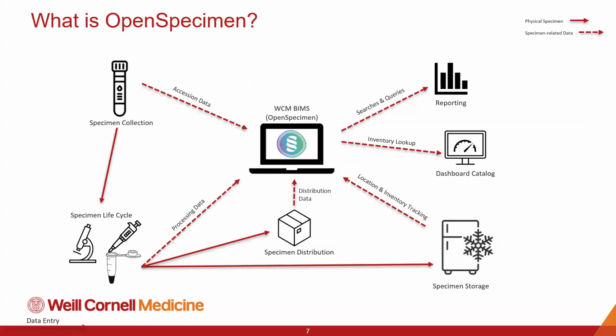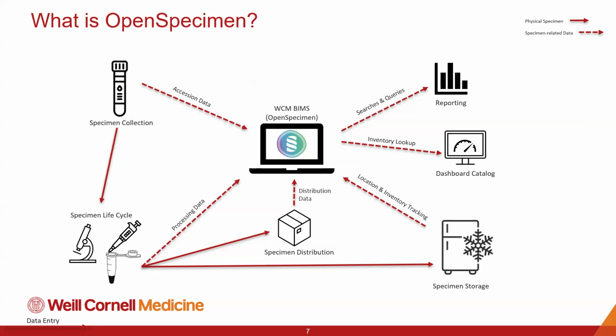So OpenSpecimen tracks a plethora of things. When you think about the specimen life cycle, or a biospecimen life cycle, you think about the specimen collection, which starts up here. And then that specimen might be aliquoted, or subsequent specimens might be derived from that original specimen. And then you might either store or distribute that specimen. So all of these steps in the specimen life cycle are entered as events into the OpenSpecimen application.